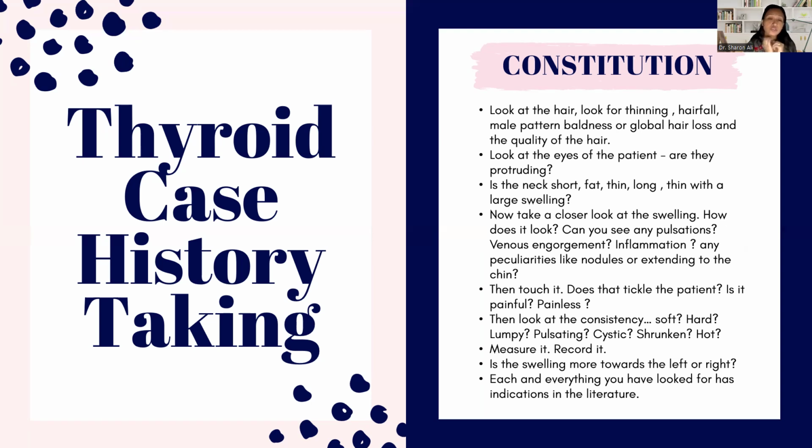Here also you have to see whether it's the right lobe, the left lobe, or the isthmus, like I mentioned to you with the cough and the hoarseness. Accordingly, the symptoms will change, and according to that, we get new remedies. So first is the examination of the patient from what the patient looks like when the patient enters your clinic.